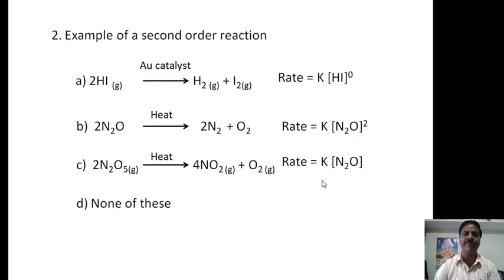This indicates the order is 1. The last one, D, is none of these. Which one is the second order reaction? I will give you 10 seconds. You have to pick the example for the second order reaction.